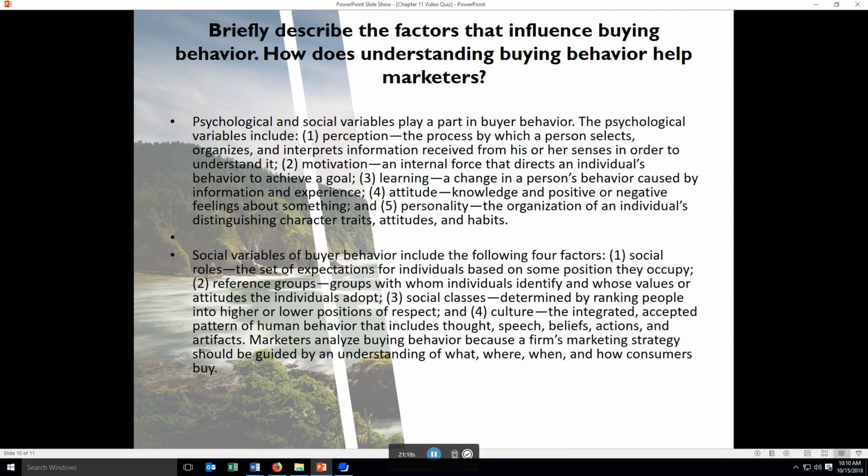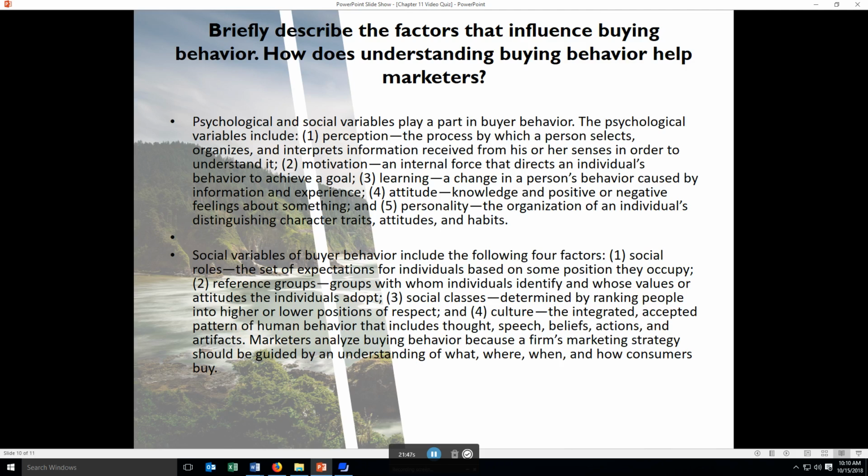Personality: the organization of an individual's distinguishing character traits, attitudes, and habits. So these are all psychological and social variables that come into play in buyer behavior. Social variables include the following: one, social roles, a set of expectations for individuals based on some position they occupy.